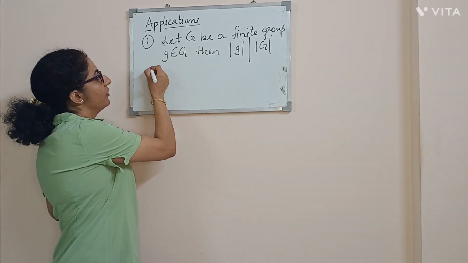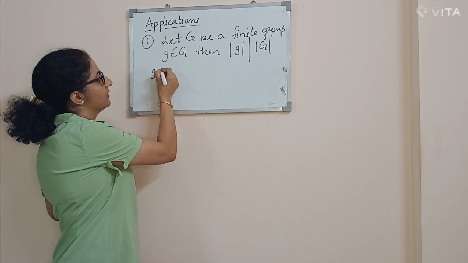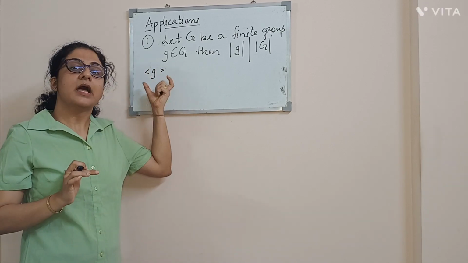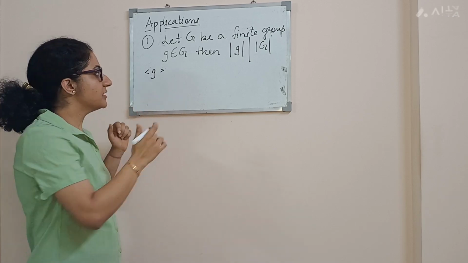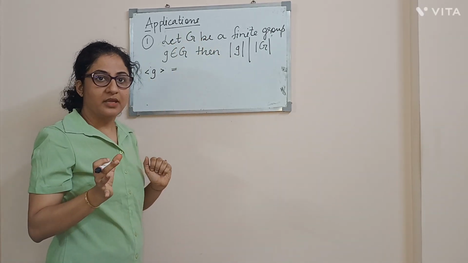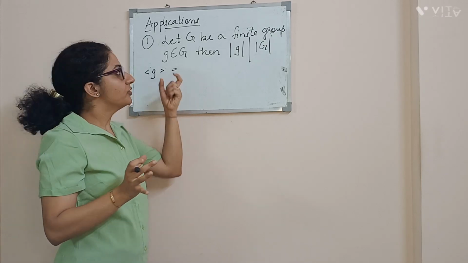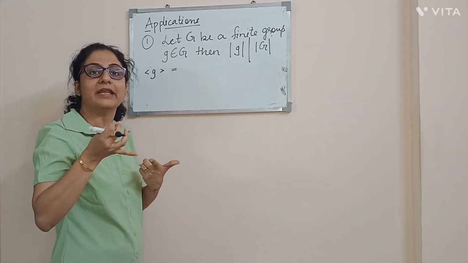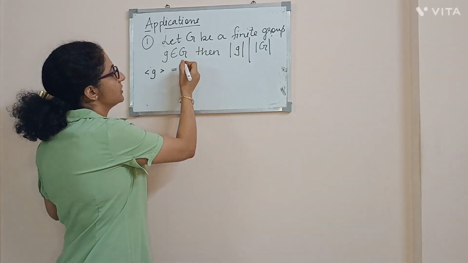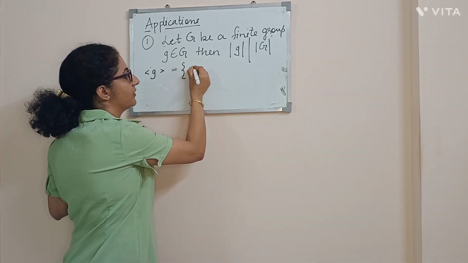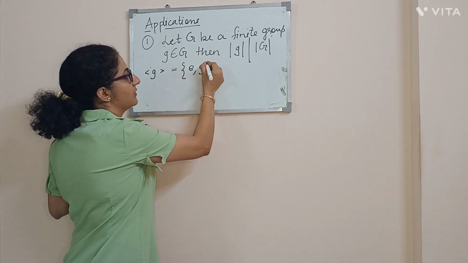So how is this valid, or how are we applying this theorem? I know that this is the subgroup generated by the element g. Because my capital G is a finite group, it has a finite order, so this small g, because it's an element of capital G, also has a finite order.